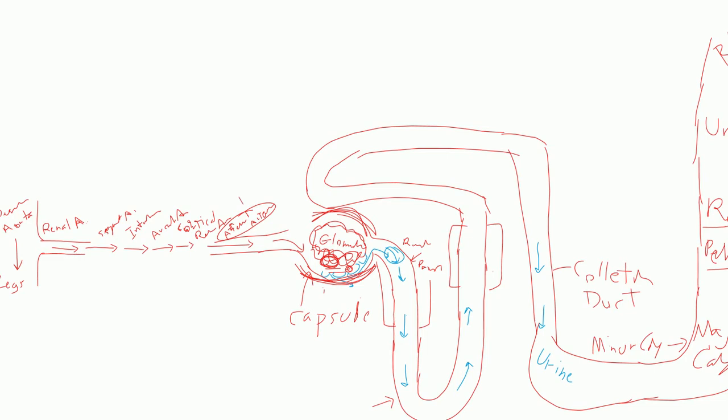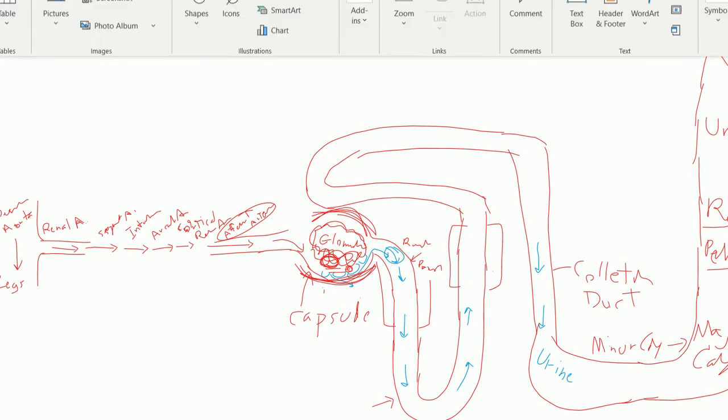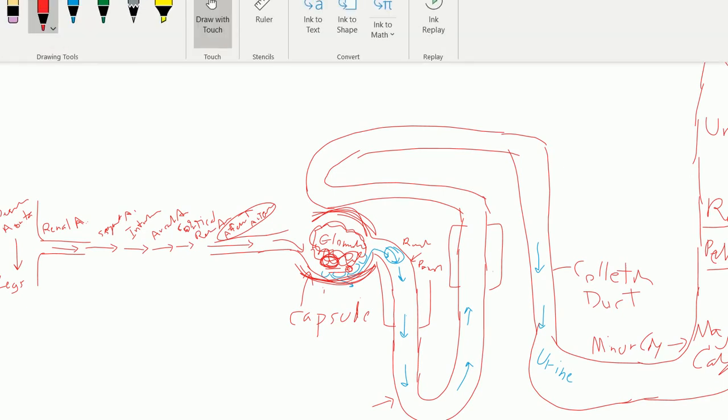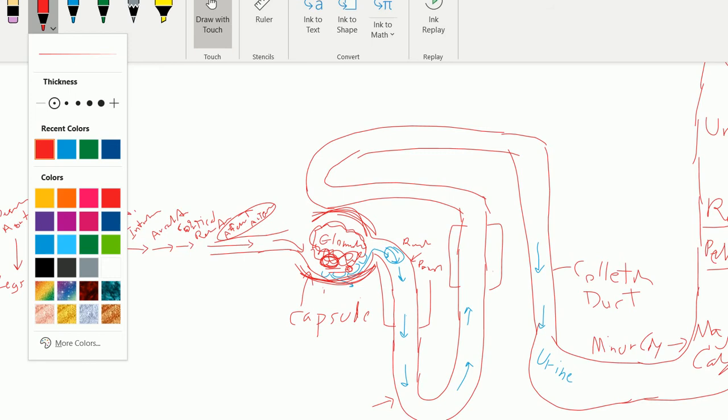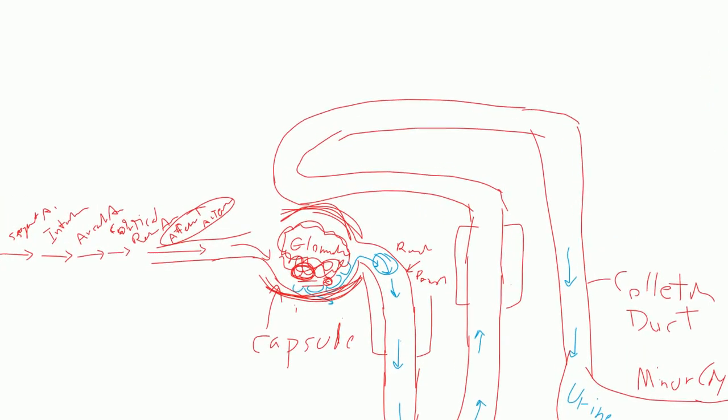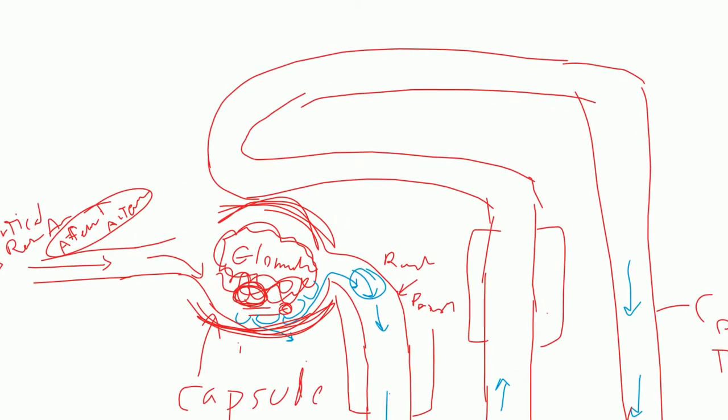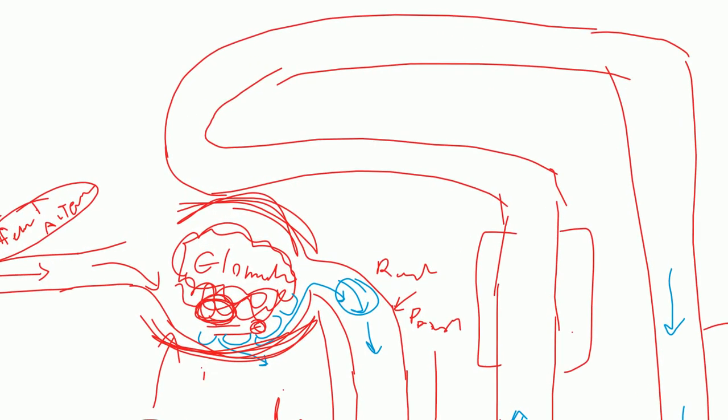So I left you with this part right here, the afferent arteriole, the blood getting into the glomerulus. Now let's have a look at what happens when it comes out. I'm going to change the color to something else so you can see the contrast better than all the red color I showed you here. We're going to zoom in on the area of your glomerulus. So you have blood that goes inside.